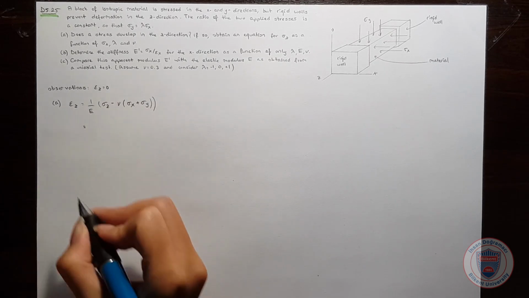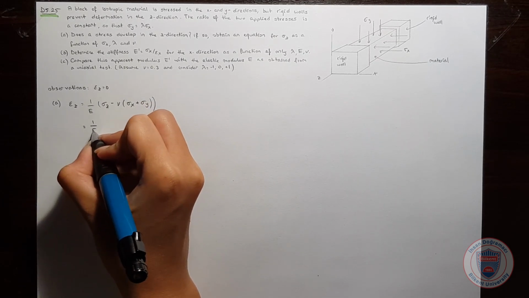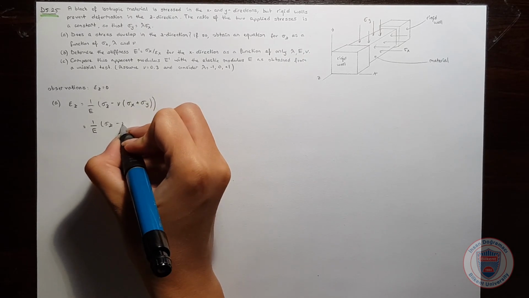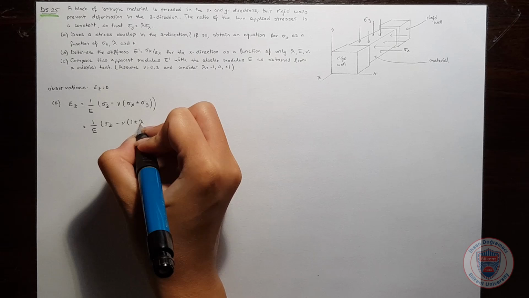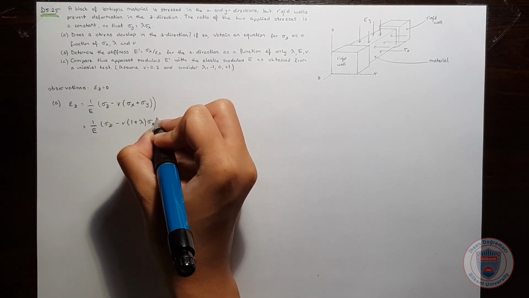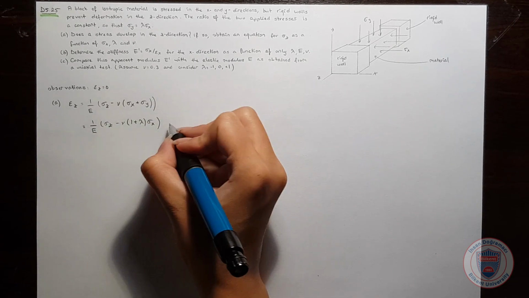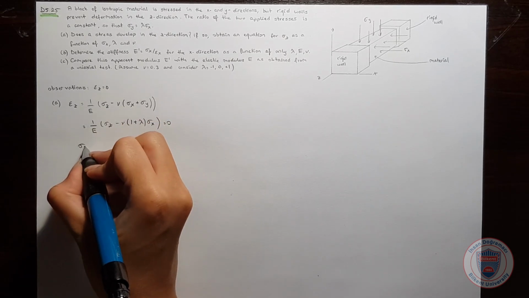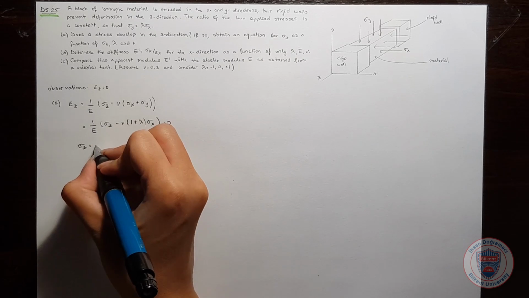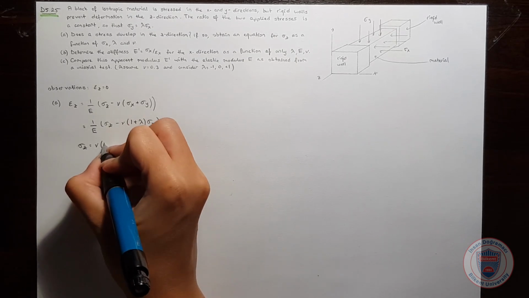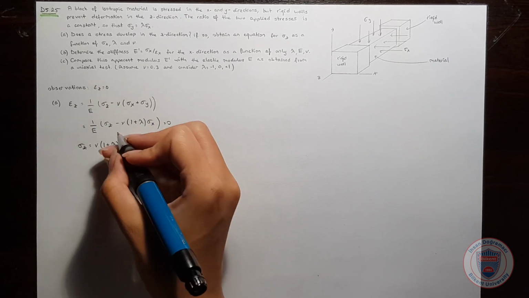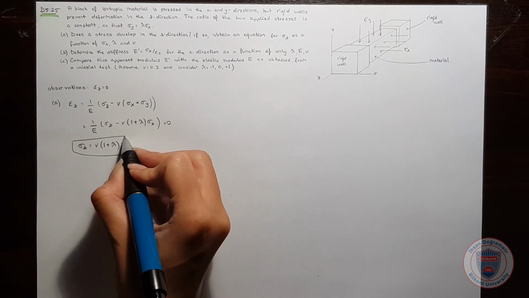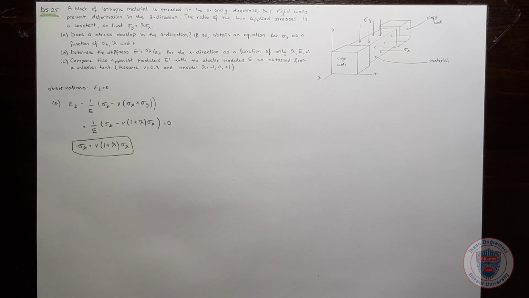So we have epsilon z as, and it is equal to 0. So we have sigma z is equal to Poisson's ratio times 1 plus lambda times sigma x. And this is the answer for part A.